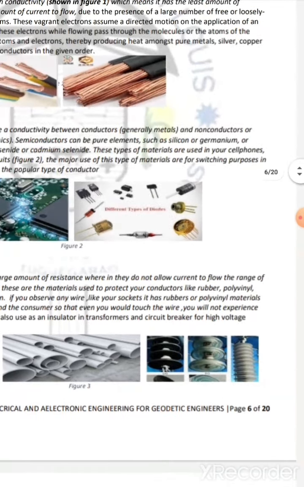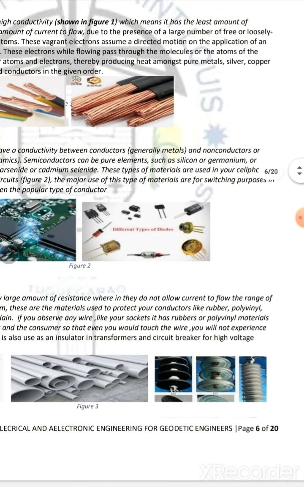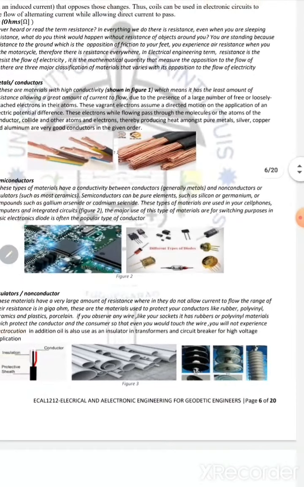An example is our suspensions. Focus on figure 3, picture number 3. The discs you see there are insulators in the transmission line and distribution line. When you see those holding the line, those are insulators. Insulators can be glass or ceramics, which are commonly used in electrical engineering. Those are the ones that hold the line in place.